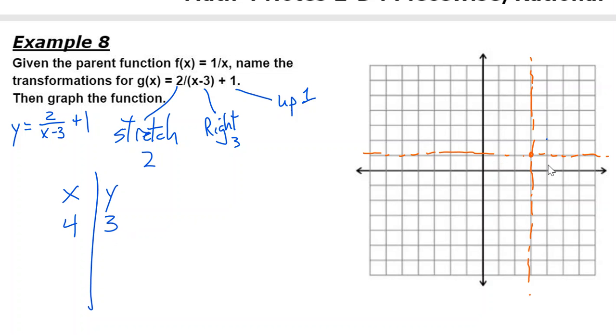Well, that's 4, 3. All right, let's see what happens when we stretch out to 5. When I stick a 5 under there, 5 minus 3 is 2. 2 over that 2 is 1, and 1 plus this 1 is 2. So we go 5, 2. And this gives you a sense that this curve is going this way.